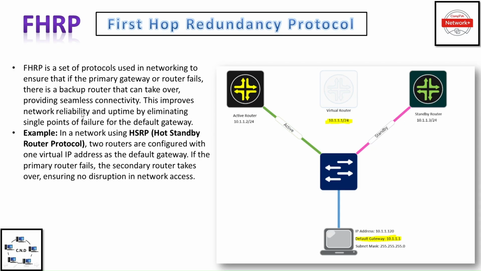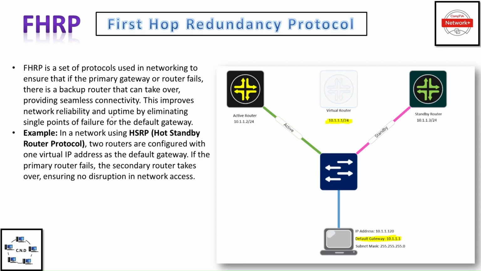This improves network reliability and uptime by eliminating single points of failure for the default gateway. For example, in a network using HSRP, Hot Standby Router Protocol, two routers are configured with one virtual IP address as the default gateway. If the primary router fails, the secondary router takes over, ensuring that no disruption in network access occurs.